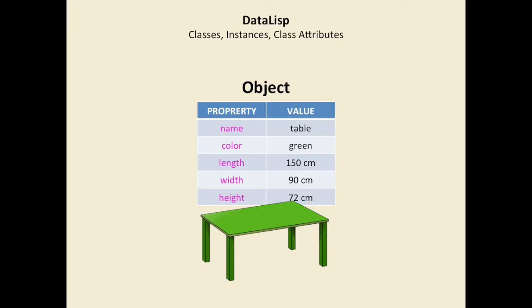In addition, the choice of properties is here completely free. In fact, this may seem to be an advantage. But if I want to list all the tables I have in my home, it would be rather useful that I describe each table using exactly the same set of properties, for example, to be able to compare them. If for some table I give precise dimensions in centimeters, but for others I give a simple description like small coffee table, I will very quickly get a rather chaotic set of objects.